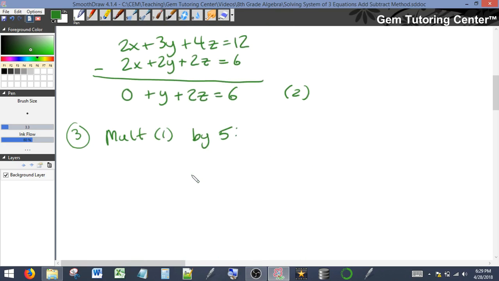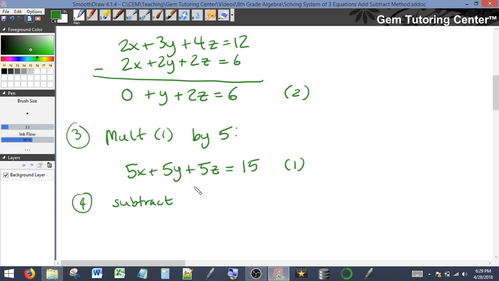So let's do that. Multiply equation 1 by 5. Equation 1 was x plus y plus z equals 3, so we get 5x plus 5y plus 5z equals, and then 3 times 5, which is 15. All right, so we did that. Now let's subtract equation 3 from equation 1.